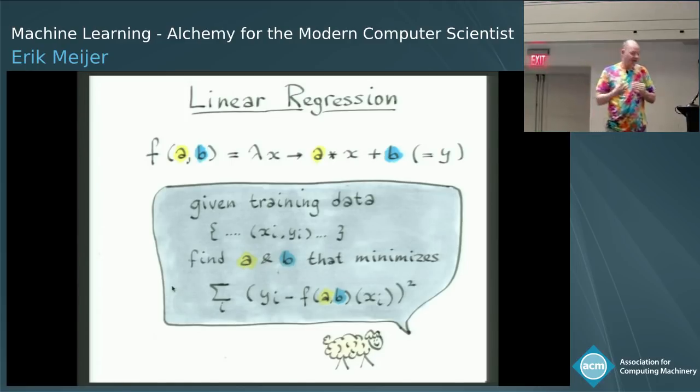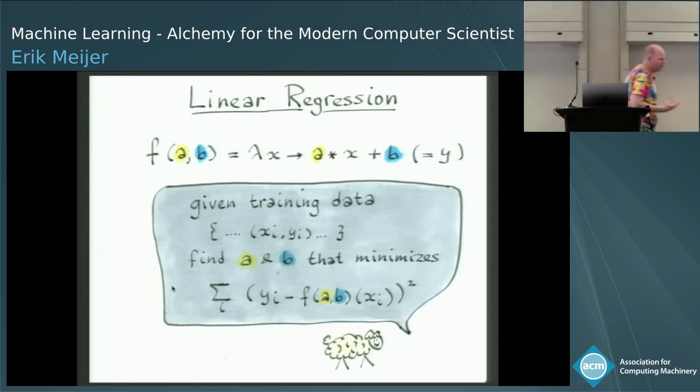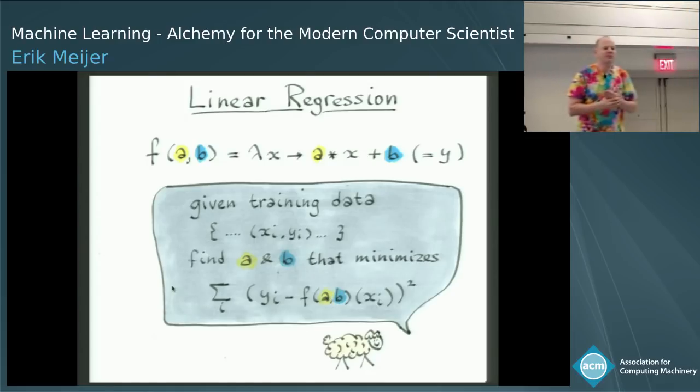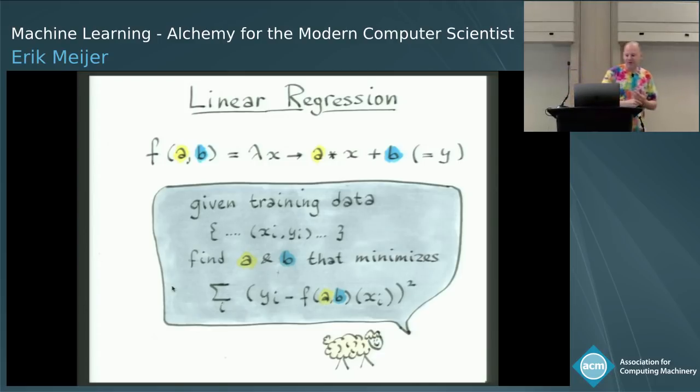There are a lot of things that are not very systematic in machine learning, where we as programming language people are used to doing things very systematically and in a very formal way. The machine learning field really needs us to make these things more precise, to reason about these things and not make it like magic. But for now, let's just assume that this is what we're doing.